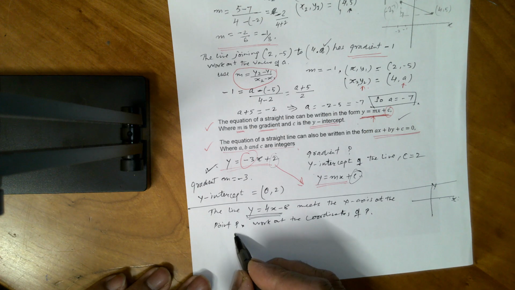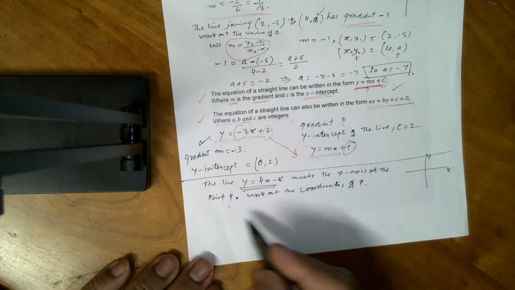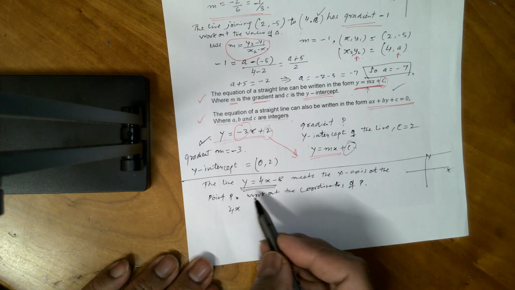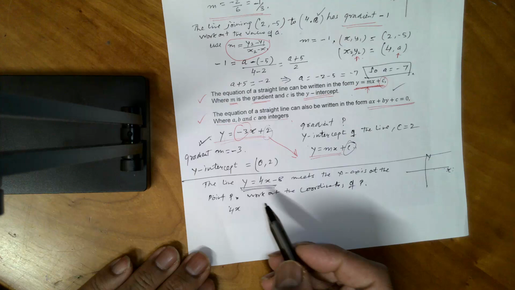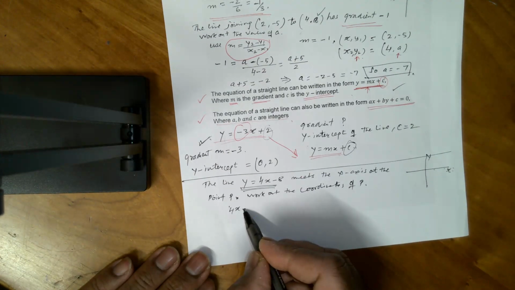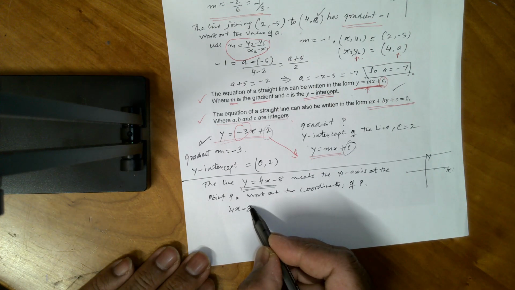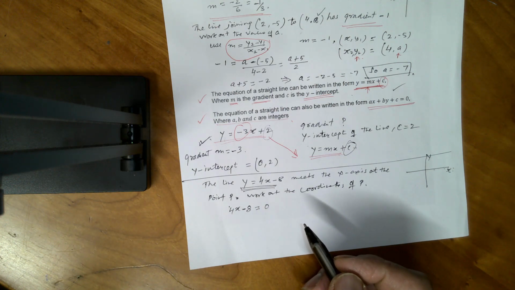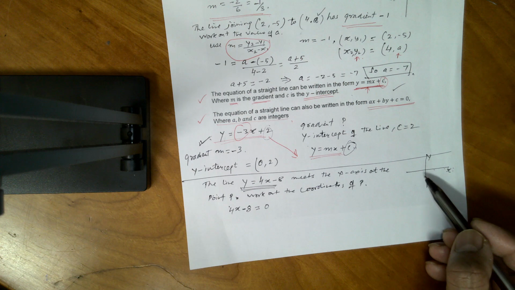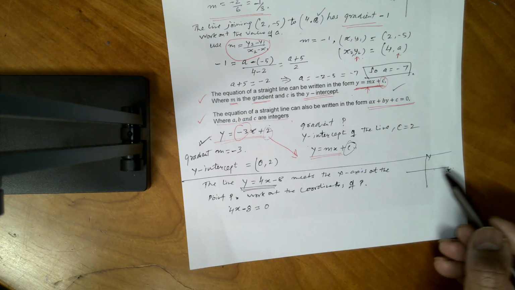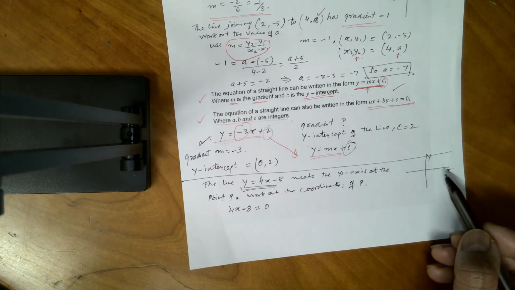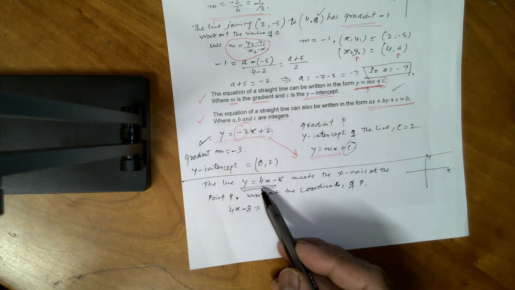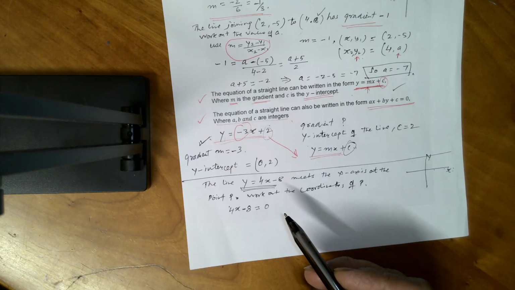To start with, we need to first write the equation of the line. It says 4x minus 8 equal to 0. Because the line meets the x-axis, you need to tell the coordinate of P. So we say 4x minus 8 is equal to 0.